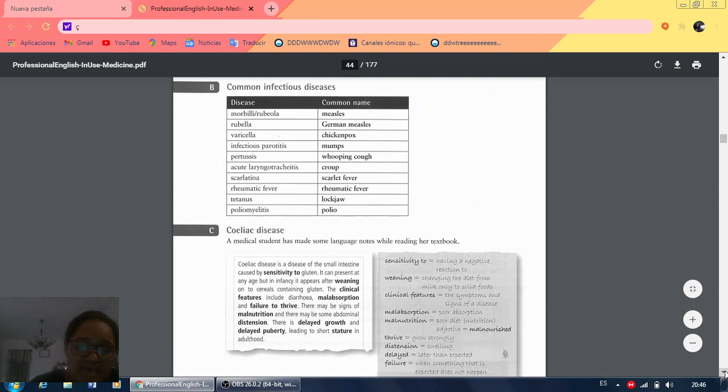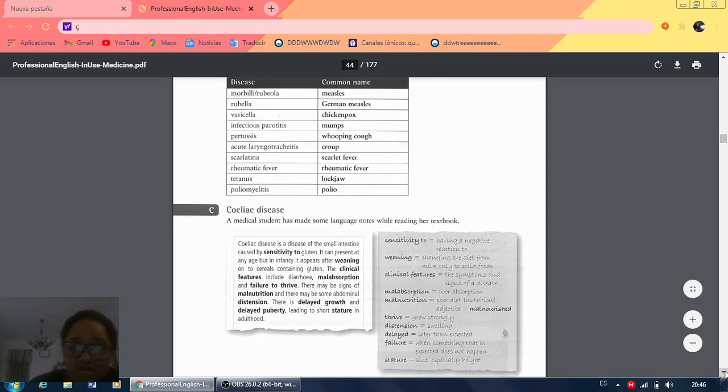A medical student makes two language notes in the textbox. Celiac disease is a disease of the small intestine caused by sensitivity to gluten.